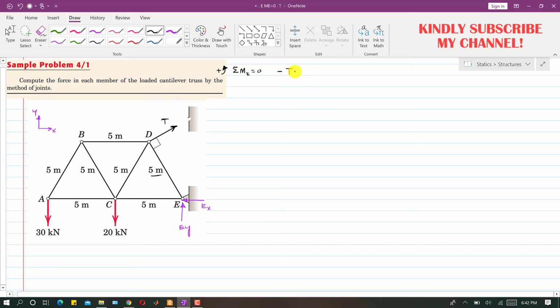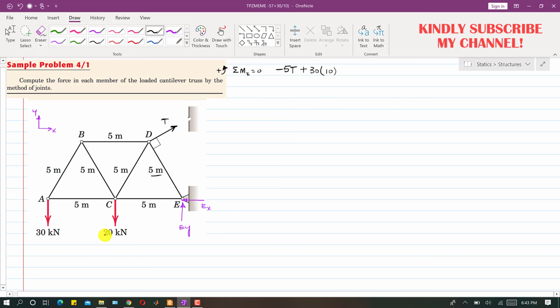So I will multiply this T with 5. Let me write it as minus 5T. The 30 kilonewton force is producing counterclockwise moment, so I will write plus 30, and the perpendicular distance of this 30 kilonewton force from point E is 5 plus 5, so this is 10. I will multiply this with 10.